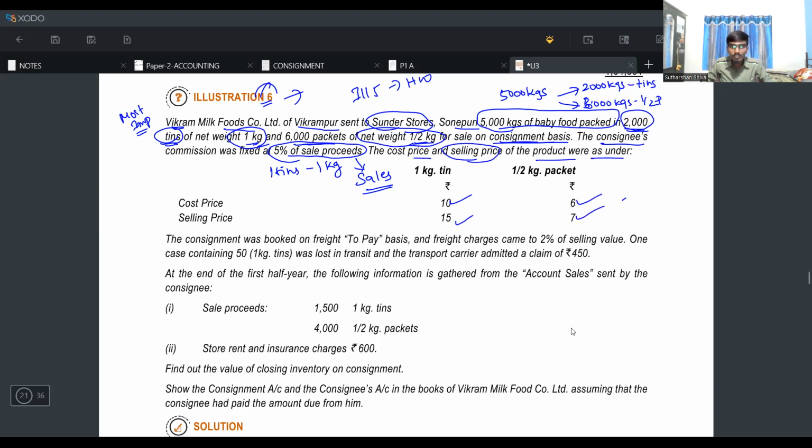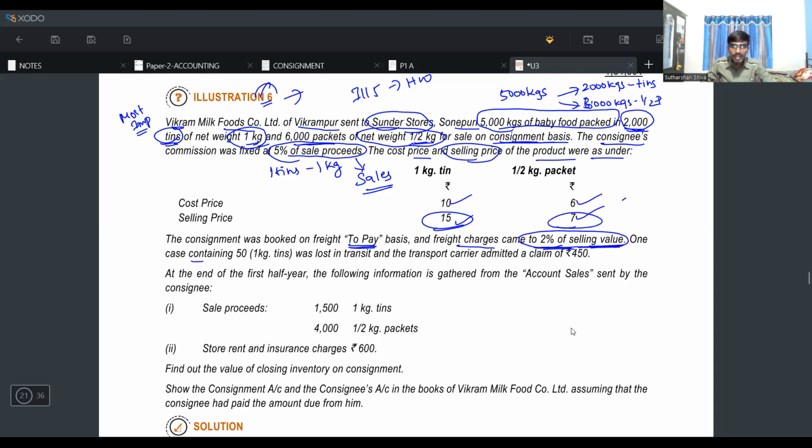The consignment was booked to freight on to-pay basis. In my conceptual classes itself, I say what is to-pay basis, refer that. And the freight charges came up to 2% of the selling value. It is most important: freight percentage should be taken as 2% on selling value.